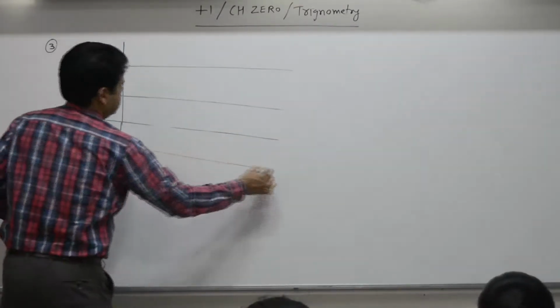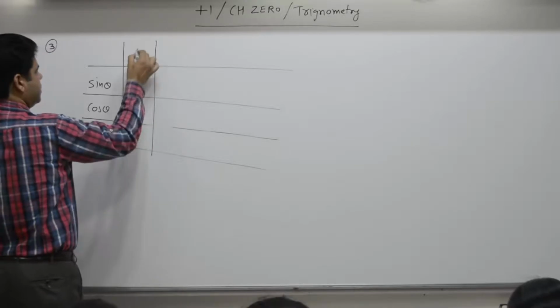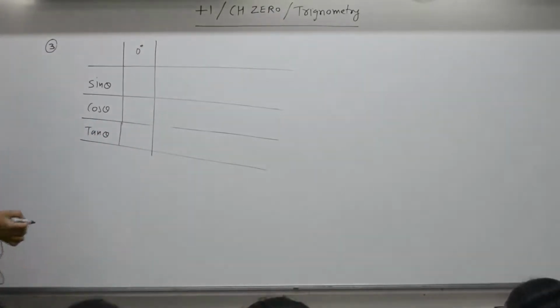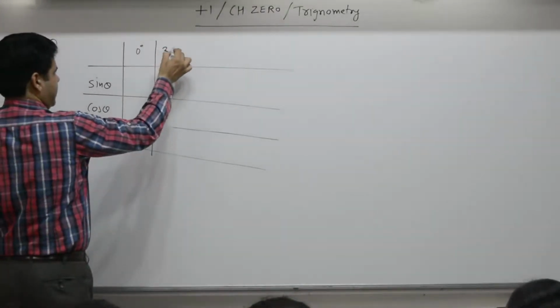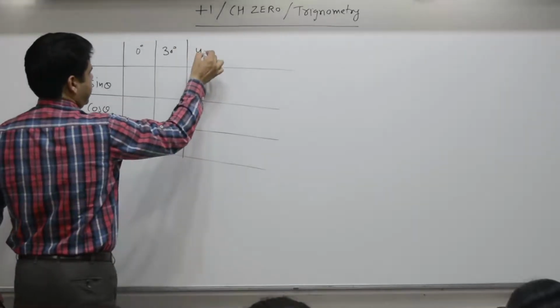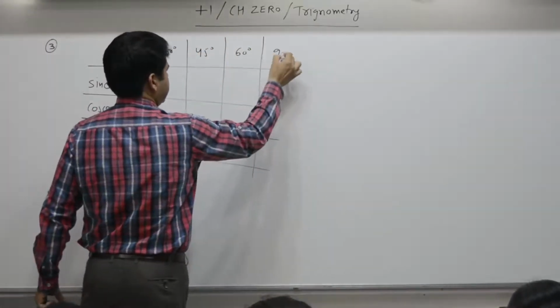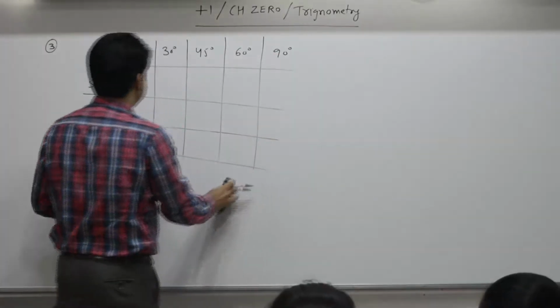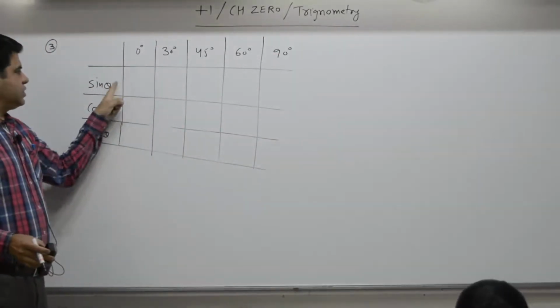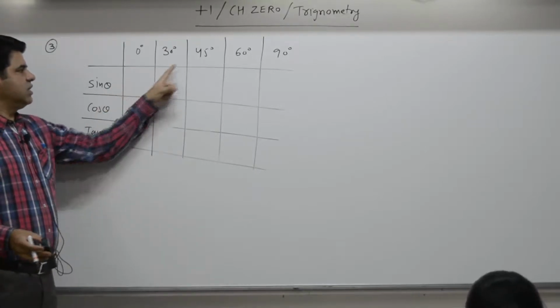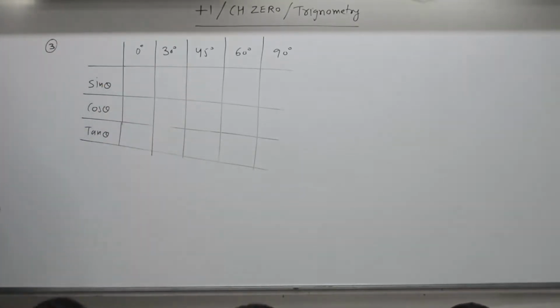Values: theta is equal to 0 degree, 30 degree, 45 degree, 60 degree, and then 90 degree. First complete it for sine. Sine 0 is what? Sine 30 is what? Sine 45. Complete it for sine.